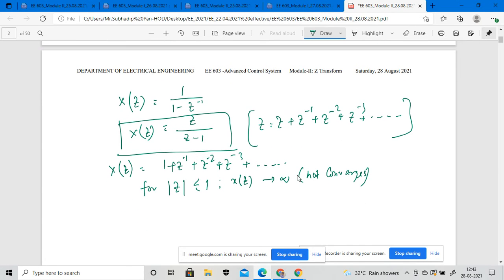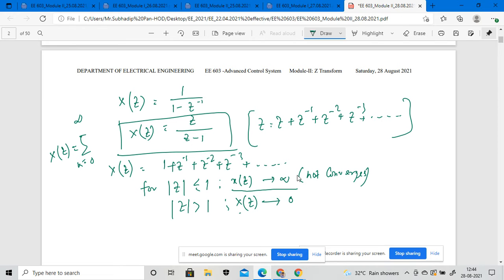And if we consider the values of z greater than 1, then x of z tends to 0. So the values of x of z will vary from 0 to infinity, where k runs from 0 to infinity.